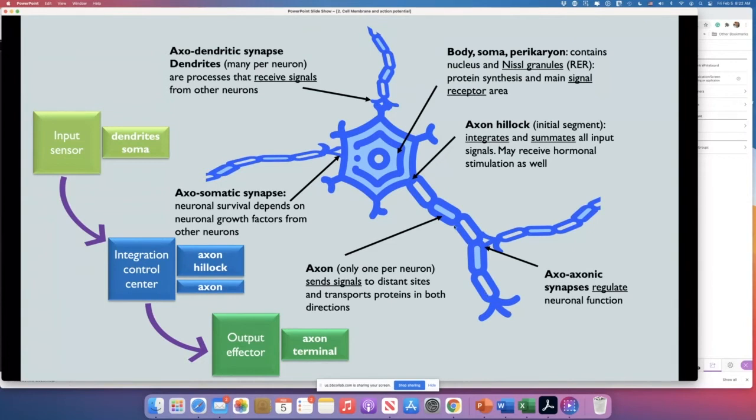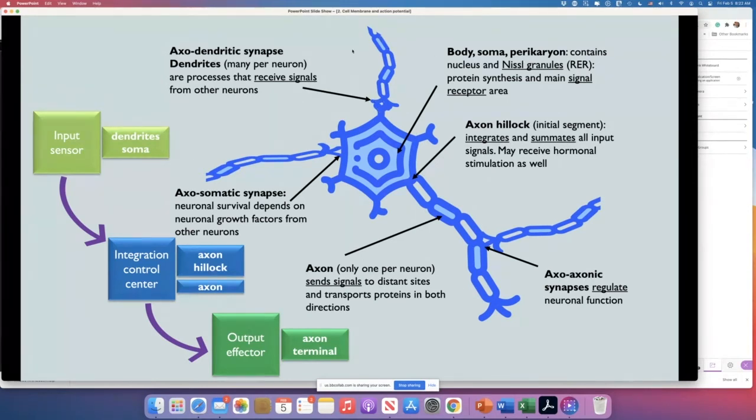Now, there is a part here that we haven't mentioned yet, that is the axon hillock. The axon hillock, or the initial segment of the axon, is the area of the neuron that integrates and summates all the input that the neuron is receiving.